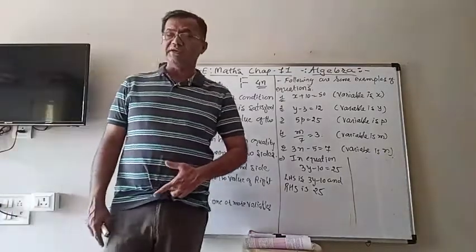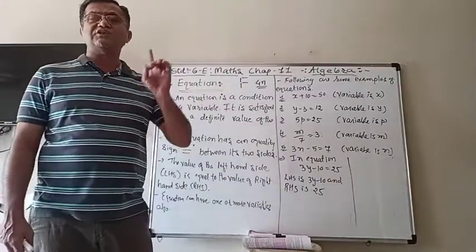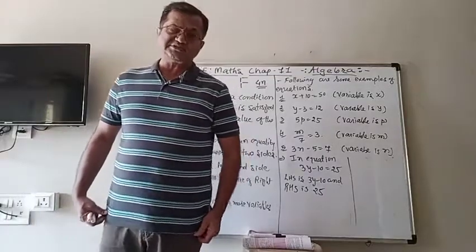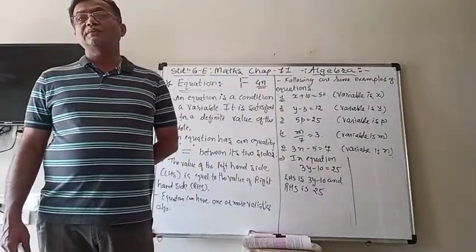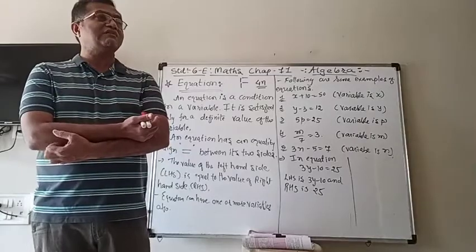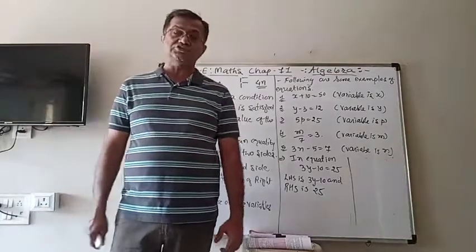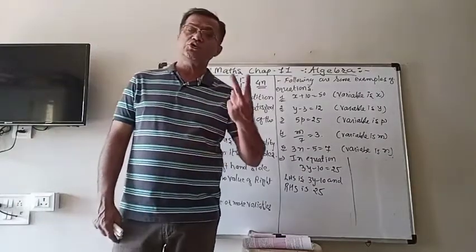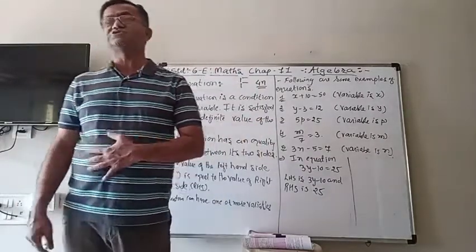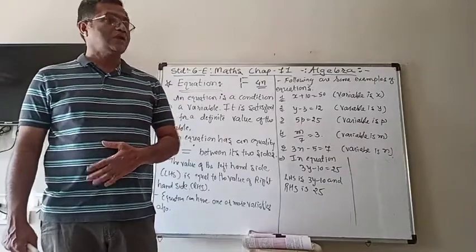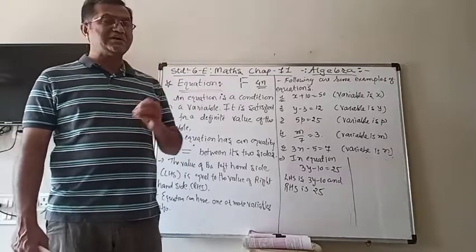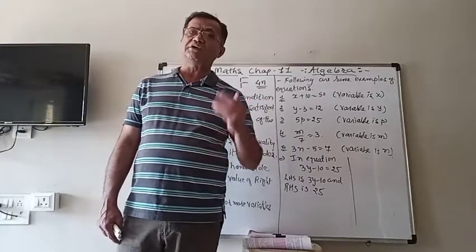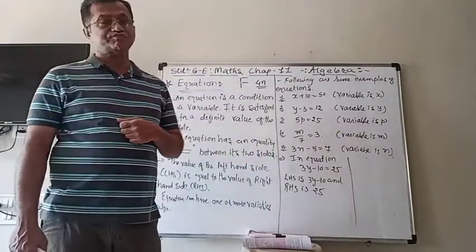In the beginning we will learn only equations with one variable, but in higher standards you will learn equations having two variables, like x and y, a and b, m and n.